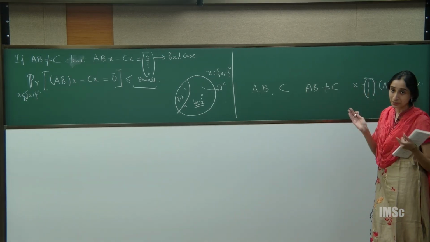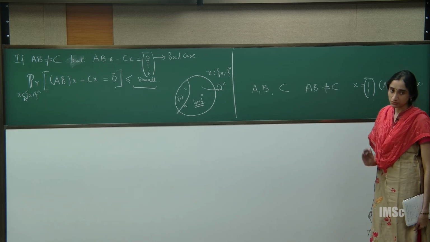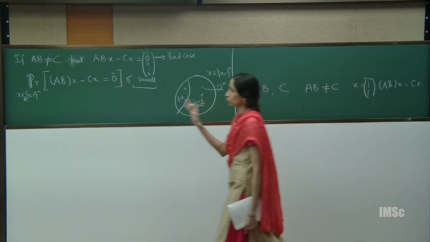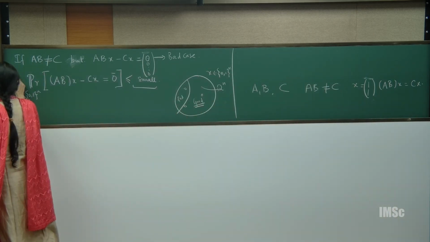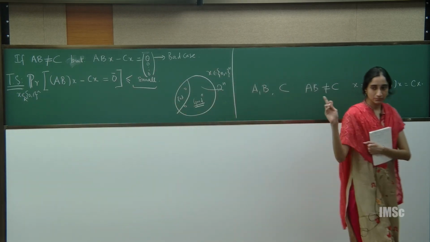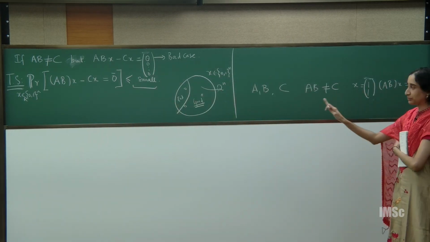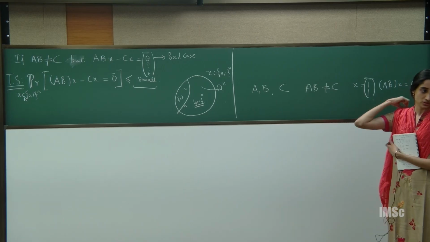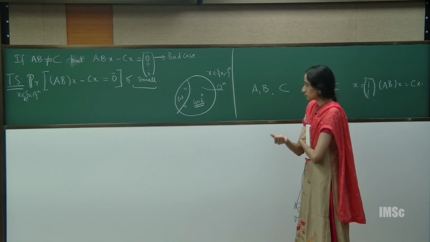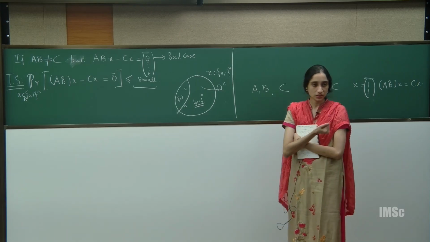Is that okay? So this bad and good distinction. If it's not, you should take some time, stare at the board and figure out. So this is what we want to show. Yeah, it might get slightly messed up, so you should be confident that you have understood so far. Is that okay?